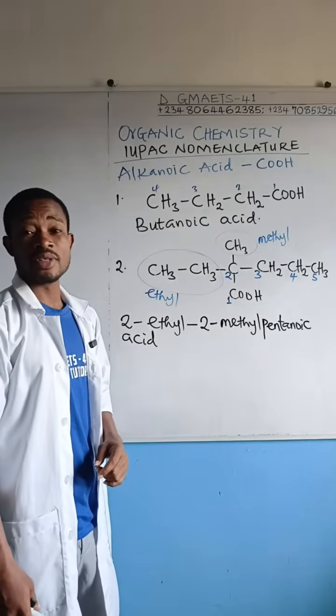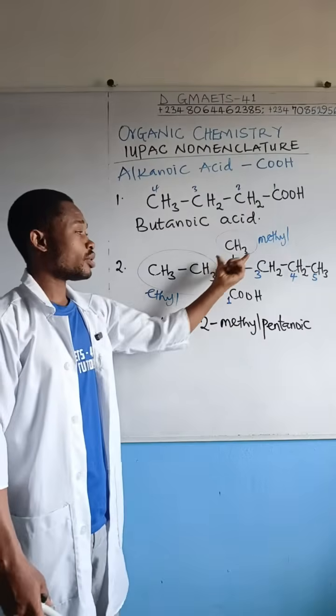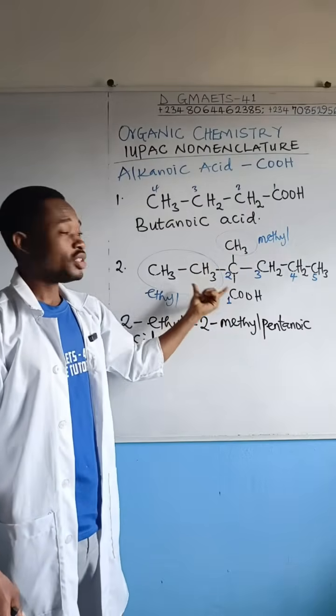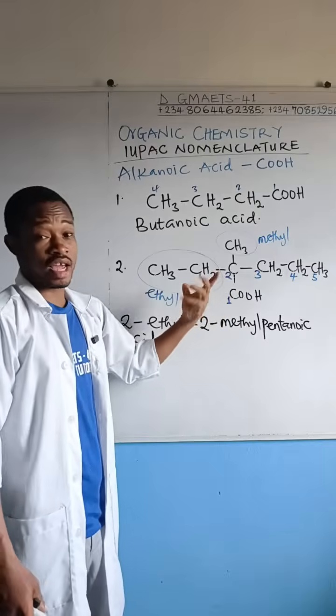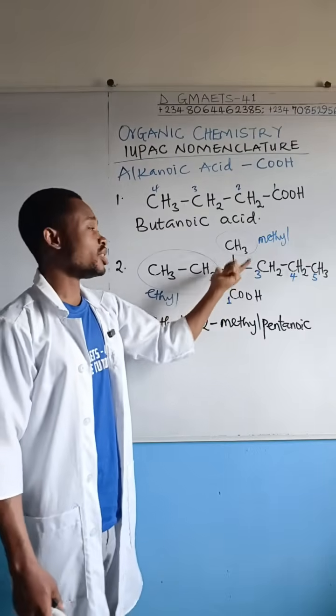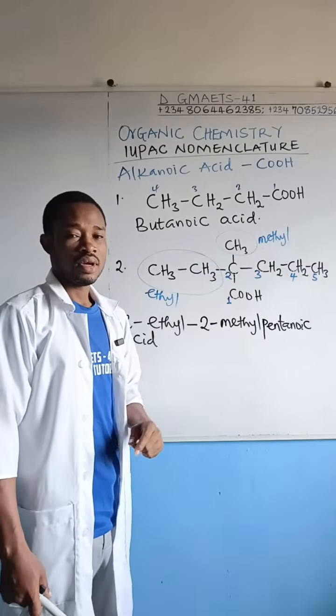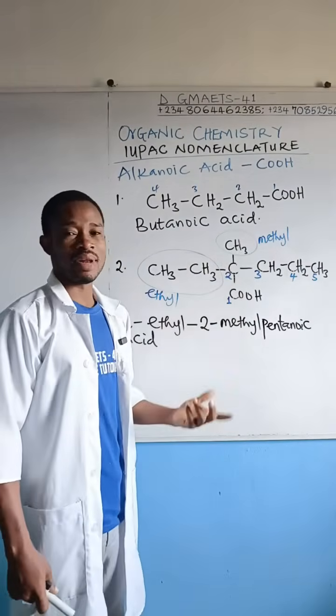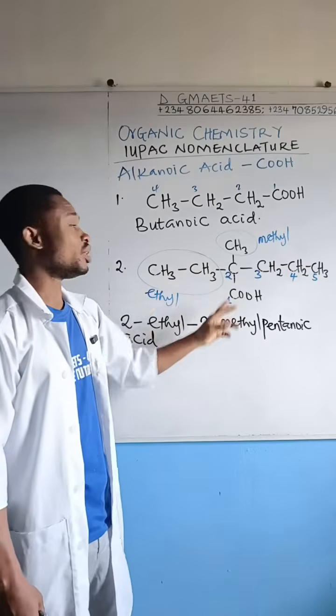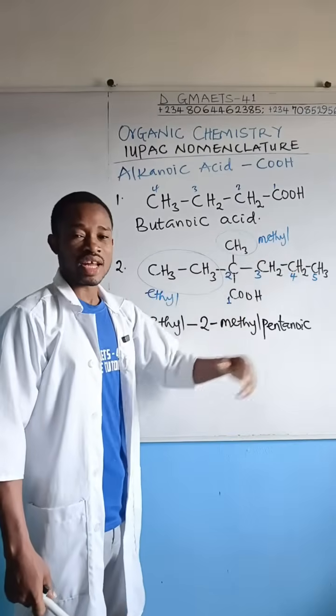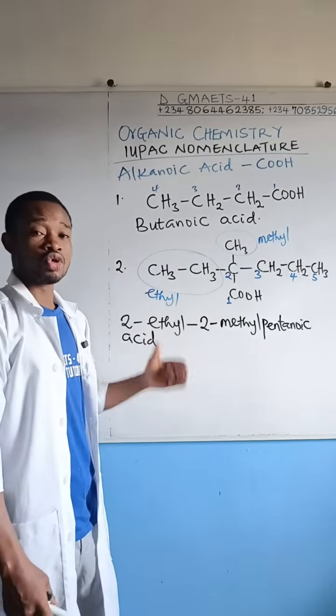It's not allowed. The reason is simple. The substituents are not the same group. This is ethyl. This is methyl. Assuming that both of them are the same, let us assume that this one is methyl and this one is methyl, that is when you are allowed to use 2, 2.